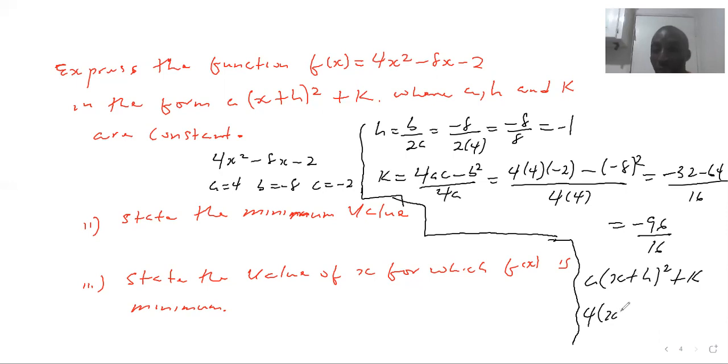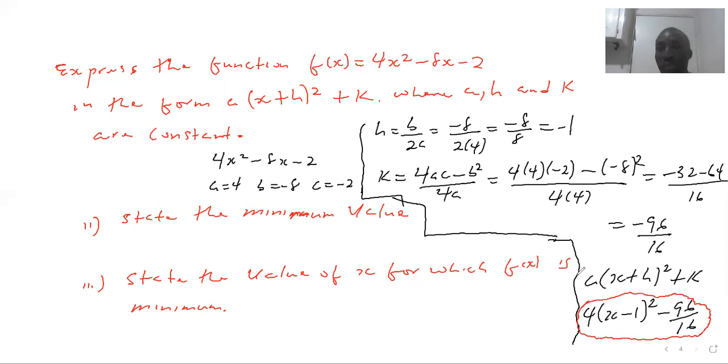My h will be negative 1 squared, because remember that this is negative 1. So plus negative gives me negative. Then k is what? Plus k, but my k is also negative, so it will be minus 96 over 16. So this is my final answer for completing the square, the first part.